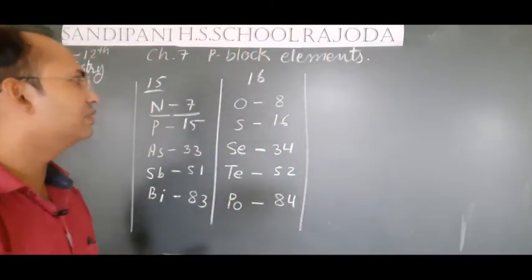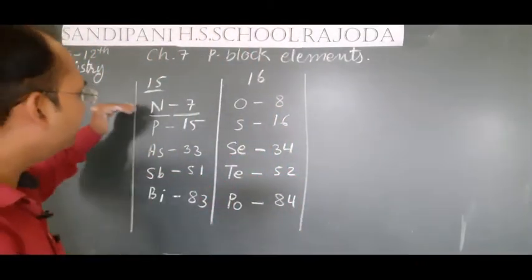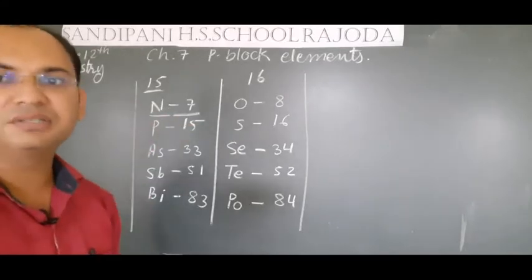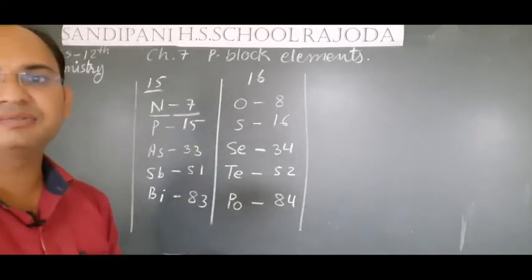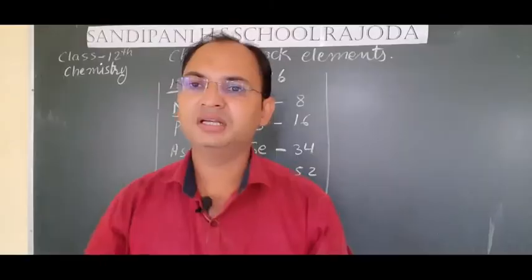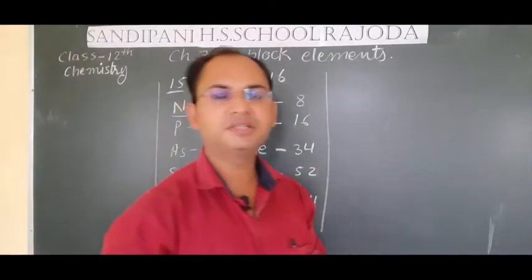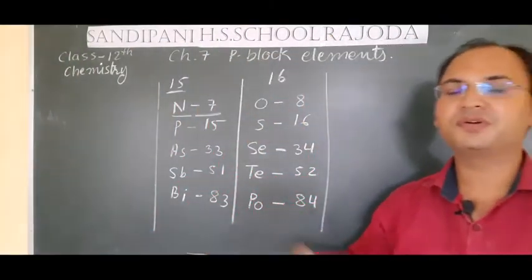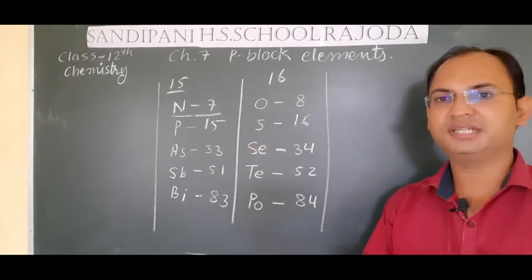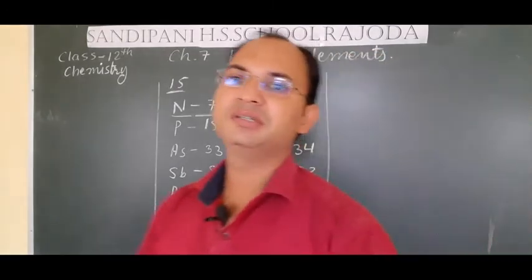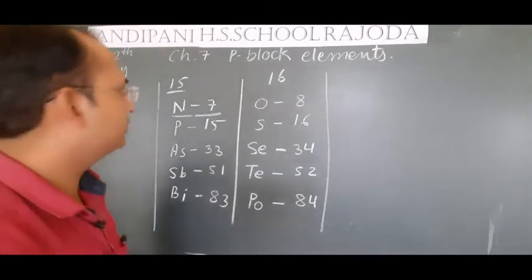Let's start the chapter. We will have to see the chemical and physical properties of these elements of the group 15 and 16. Now students, we will see one by one the properties of these elements. So let's start with the properties of the group 15 elements, that is nitrogen family.